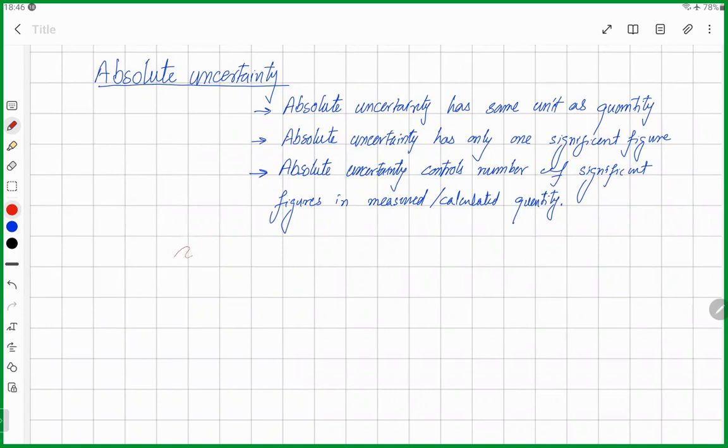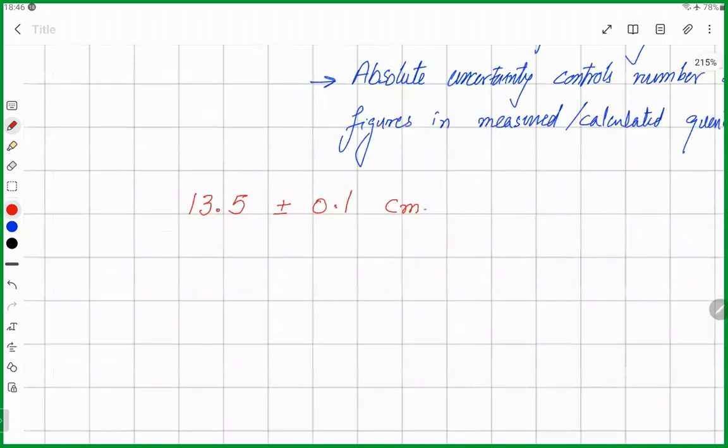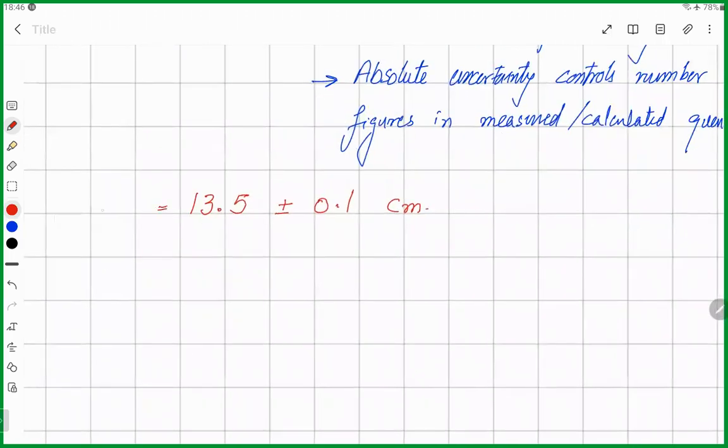For example, if we measure a length and we find out that it is 13.5 centimeter with an uncertainty of 0.1 centimeter. So what does this mean? Actually, the length measured is 13.5 centimeter. But there is a doubt of 0.1 centimeter, that is 1 millimeter.